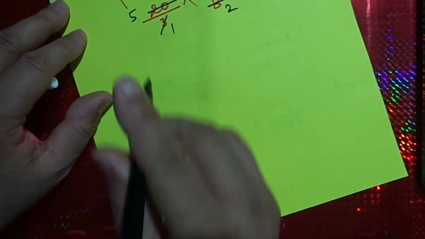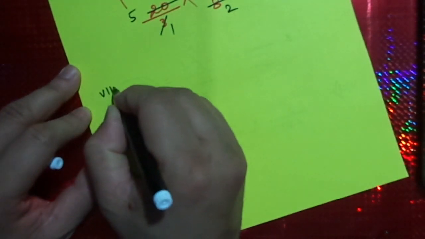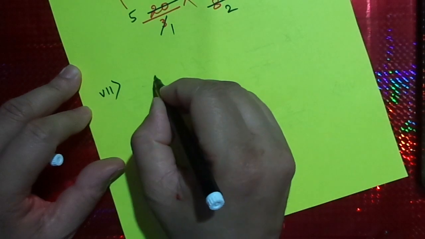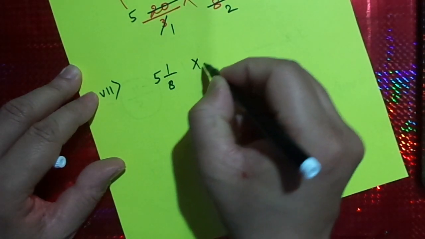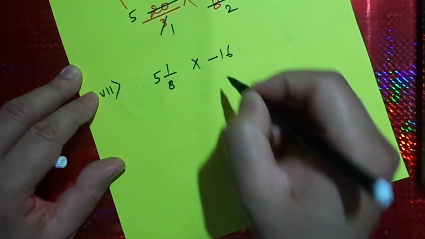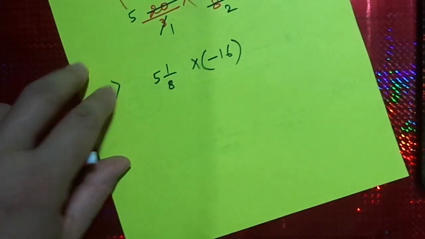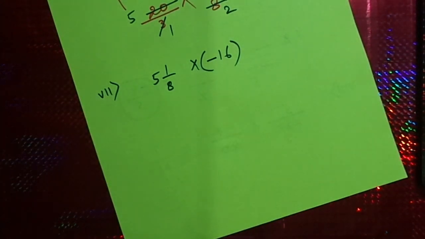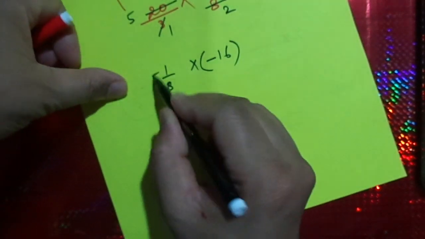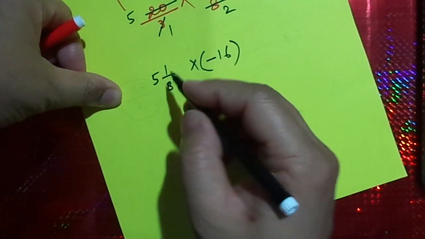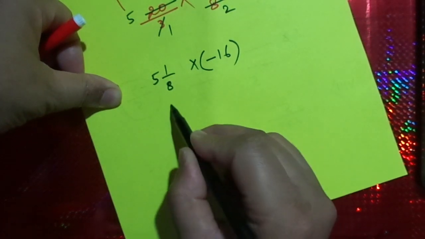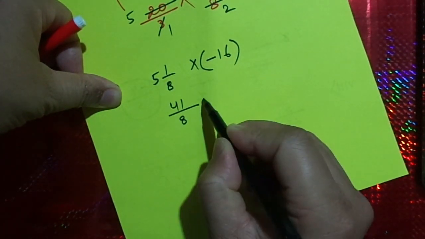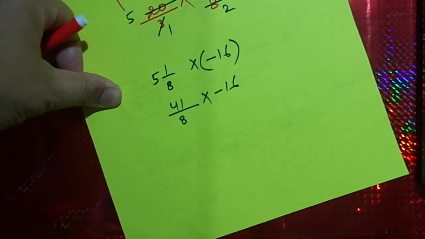For example, when you take one more number like 7, in this 7 we have 5 1 by 8 and 16, so multiply by minus 16. This minus belongs to 16 only, so please convert this into improper fraction. 8 into 5, 40 plus 1, 41 by 8 multiplied by minus 16.